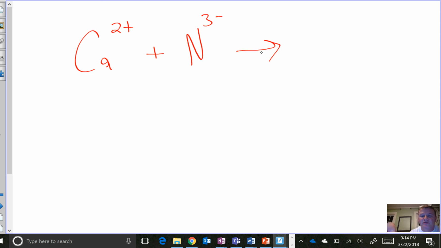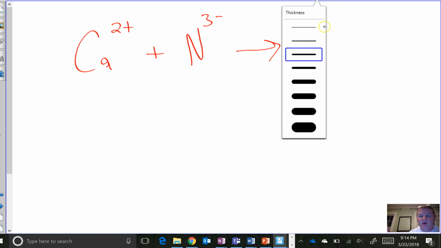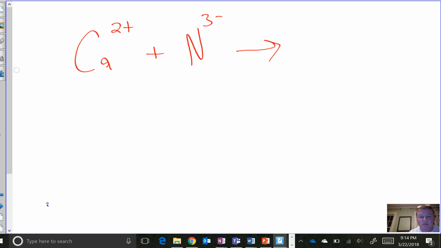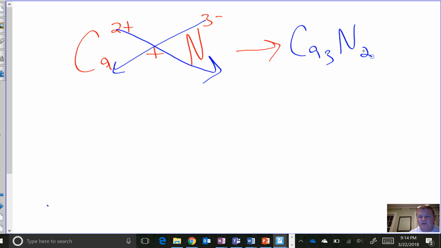Alright, so when we look at those, we see, we've got a positive 2 and a negative 3. They're unlike charges in number, right? A 2 and a 3. You can't do a 1-to-1 ratio here. So our rule says when we have unlike charges, we simply crisscross, and those charges then become the subscripts for the opposite ion.